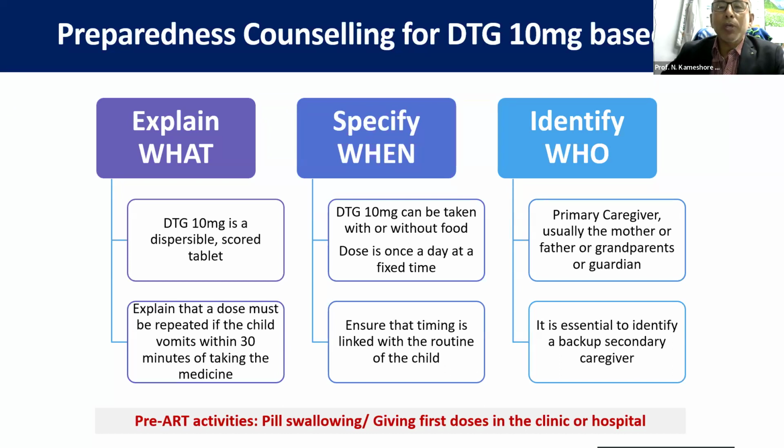The father can also give, grandfather, parents or guardian also can give the drug to the child. And it is essential to identify a backup secondary caregiver, particularly when the parents are having HIV infection.